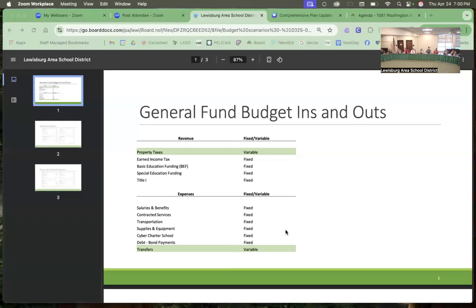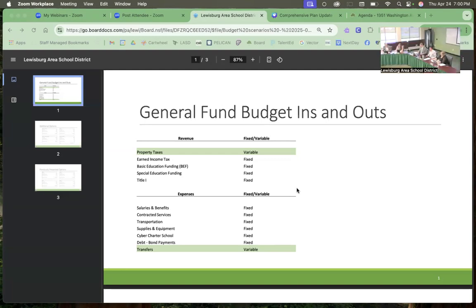Before we get into the additional options that I prepared, I thought we could talk a little bit about the general fund budget, ins and outs, and what factors we can use to balance the budget.